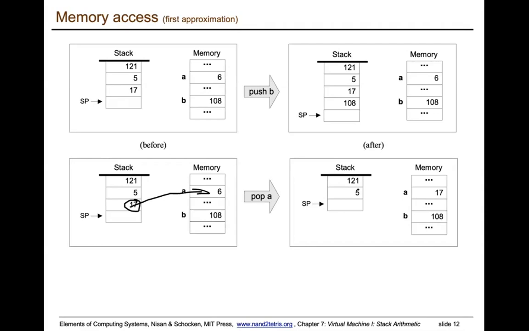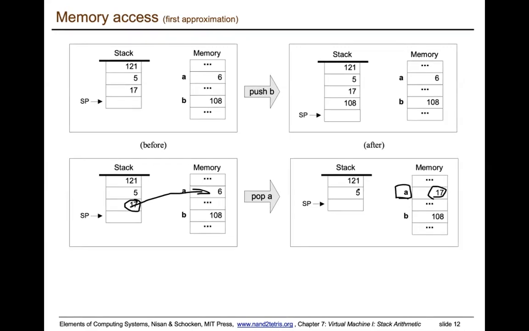So this one will be removed and the stack pointer will move down, and I pop this value 17 to the memory address A. So after my operation, 6 disappears because it's overwritten by 17, and the 17 is moved out from the stack.